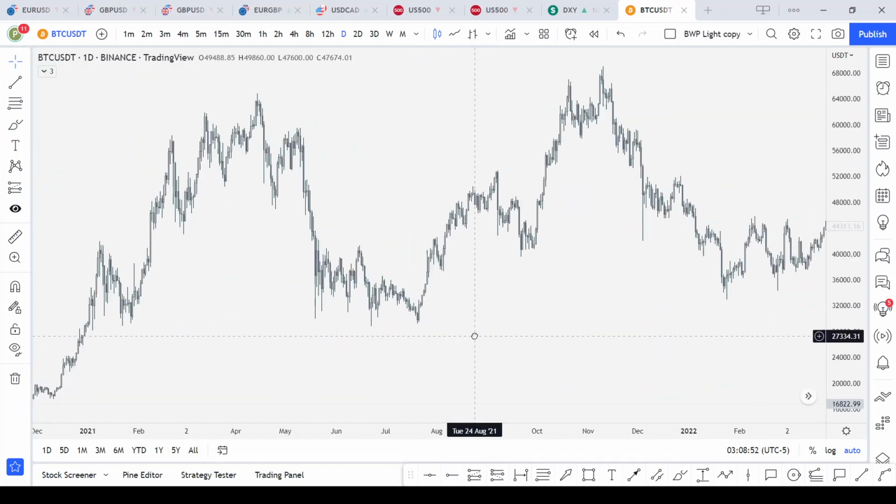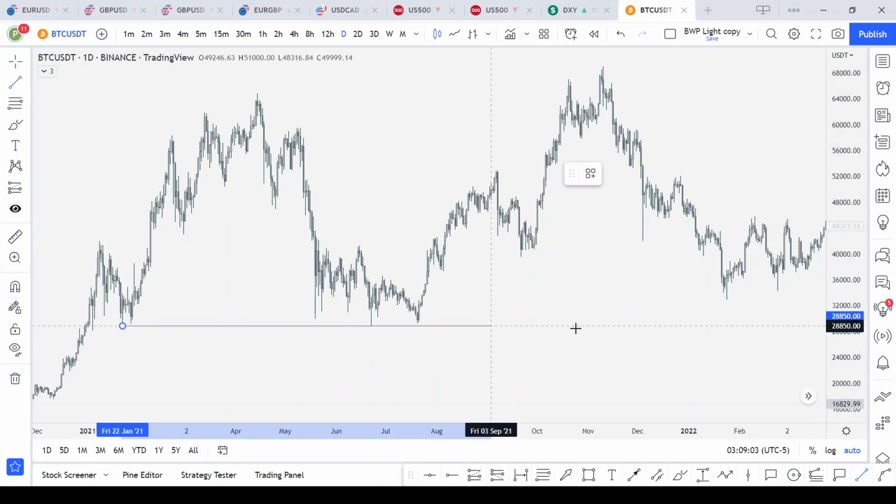So this is a sell model from this level to this level to take out this low. Let me just annotate this. Look at this equal low.